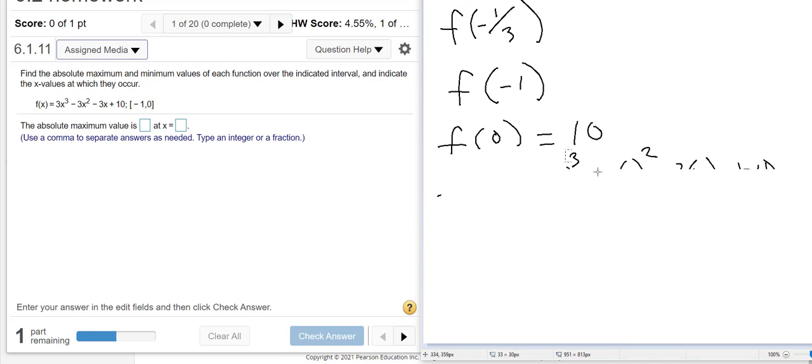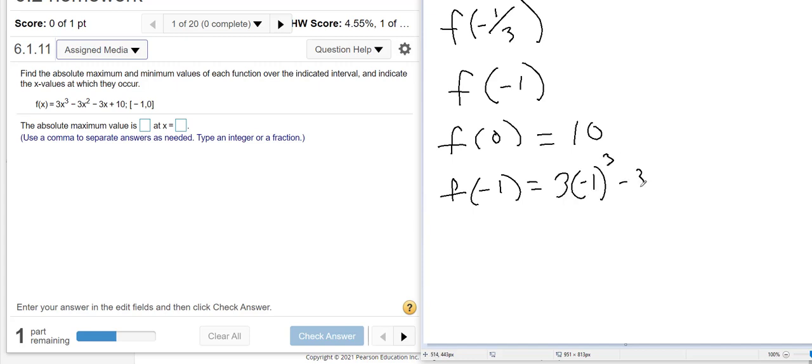Now I have to check the others to see which one is going to give me a maximum and which one is going to give me a minimum. So I'll do f of negative 1 next. f of negative 1 would be 3 times negative 1 cubed minus 3 times negative 1 squared minus 3 times negative 1 plus 10.